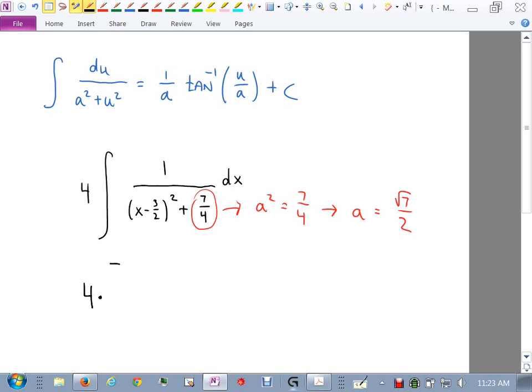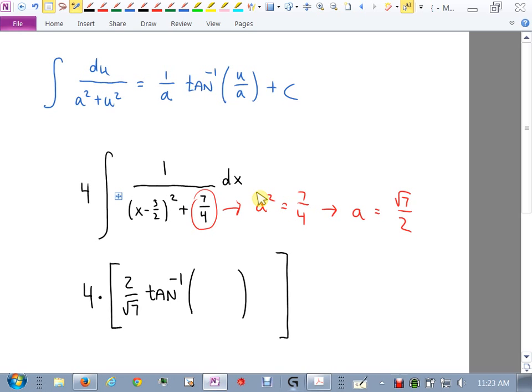Okay. Now let me start plugging into this formula. 1 over a. What's 1 over a for us? The reciprocal, so 2 over root 7. Arctangent of whatever's in the parentheses, right?